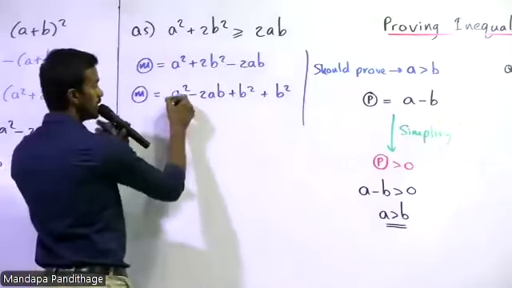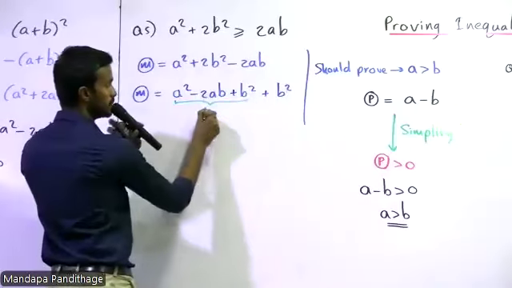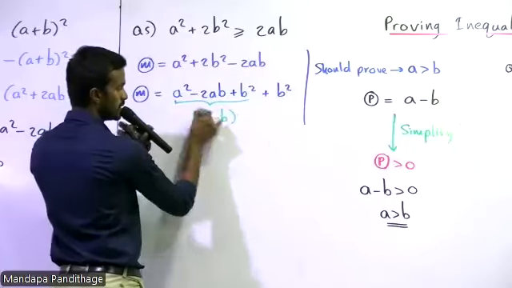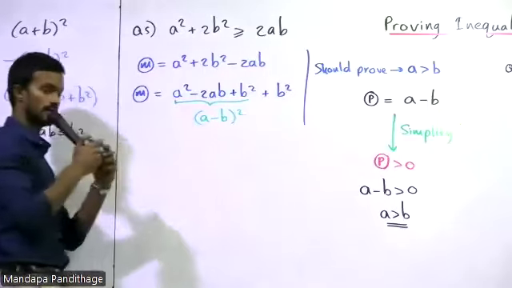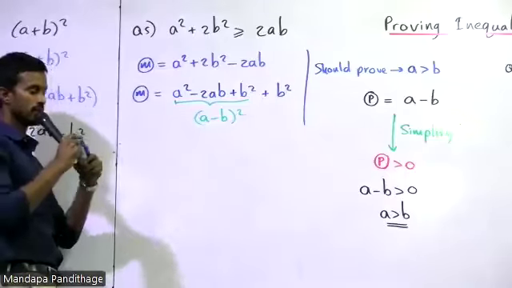Now here's your familiar term, a minus b squared. Clear? So you have written that m is equal to a minus b squared plus b squared. We have the addition of two squares. This is greater or equal to 0 and even this is greater or equal to 0.